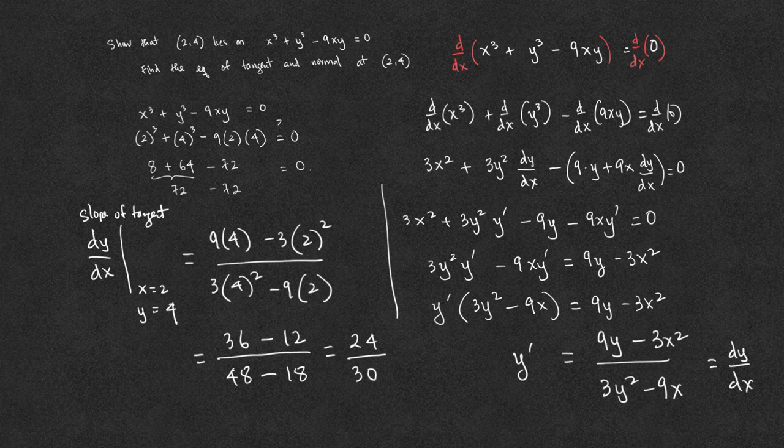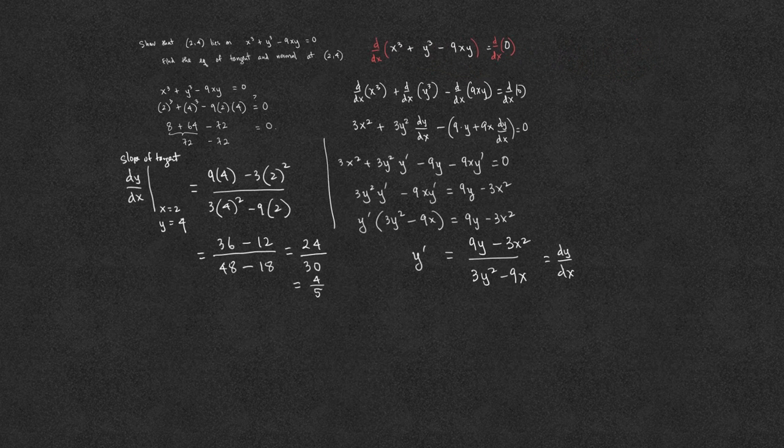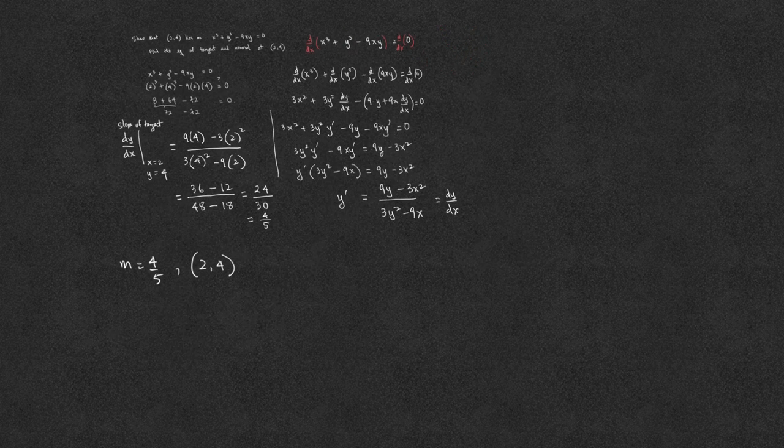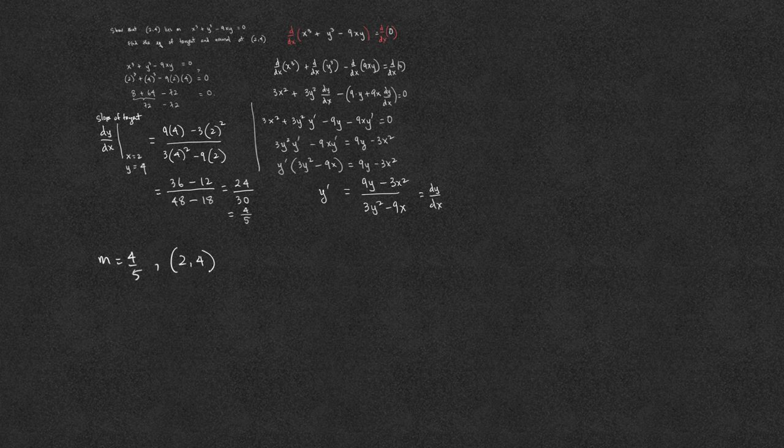We simplify this further: 24 over 30 is 0.8, but we should not use decimals. This is 4 over 5. And so the slope of the tangent line is 4 over 5, and the point is (2, 4). These are all we need to write the equation of the tangent line.